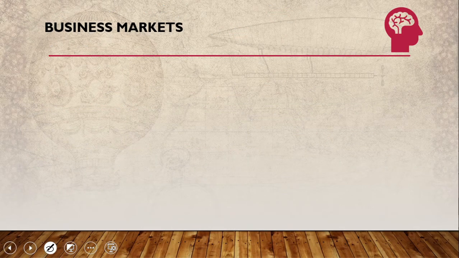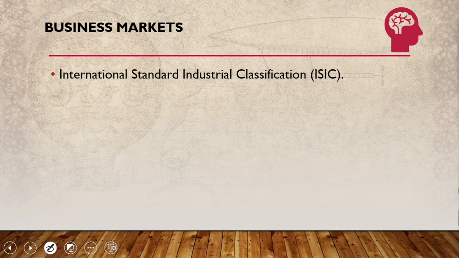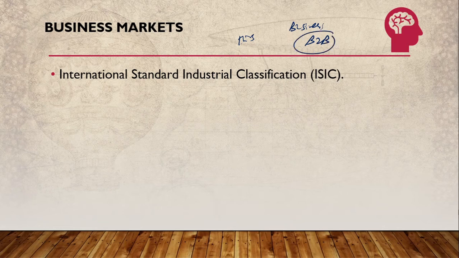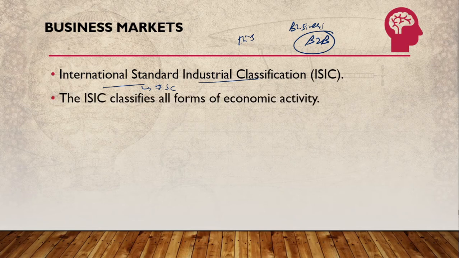Next, when you are segmenting the market and the customer is a business, what are the things that will help you identify the businesses that are good for you to engage in a relationship, which is B2B? There is an international classification done by an organization known as ISIC, the International Standard Industrial Classification.